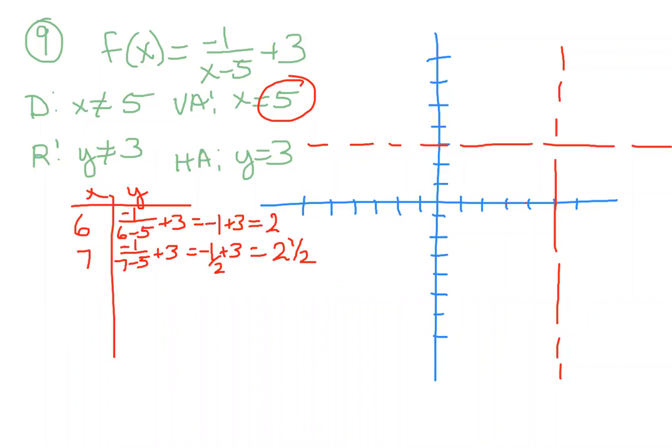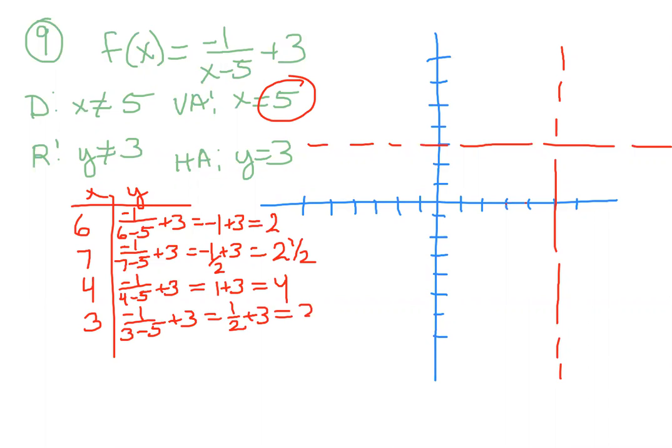Okay, then let's go the other way. Let's pick 4. If we pick 4, negative 1 over 4 minus 5 plus 3, that's going to be 1 plus 3, which is 4. And if we pick a 3, that gives us a half plus 3, which is 3.5.